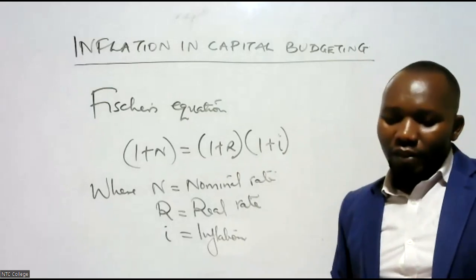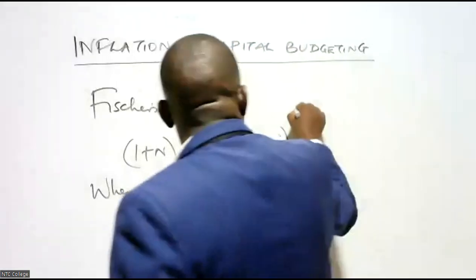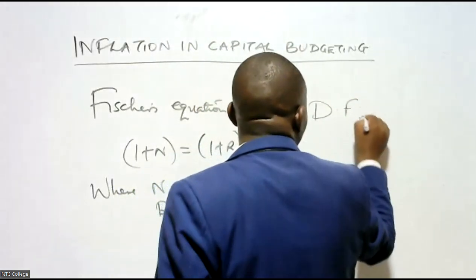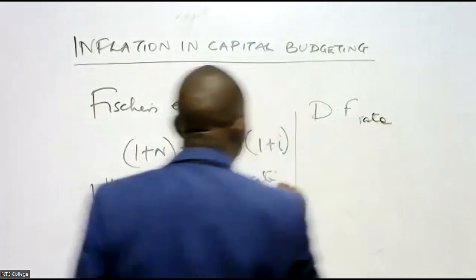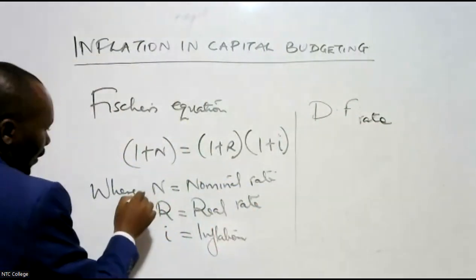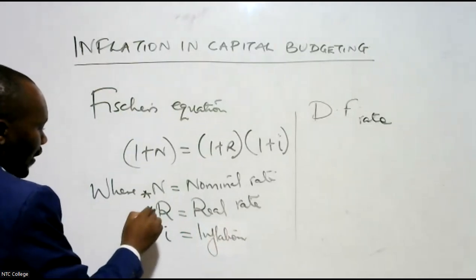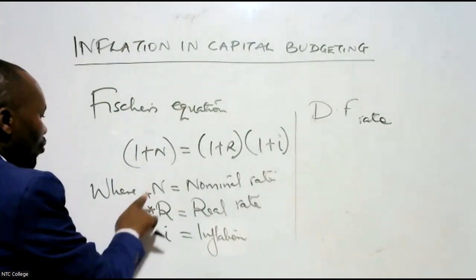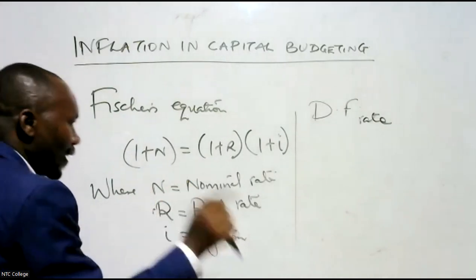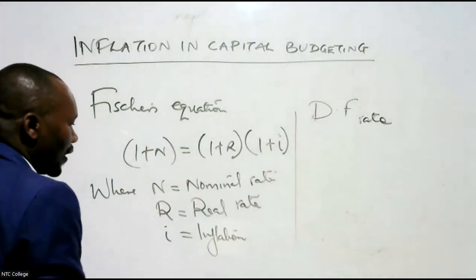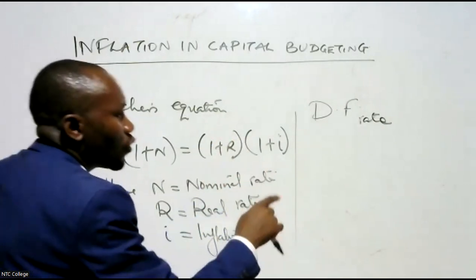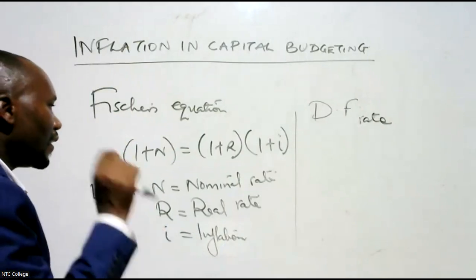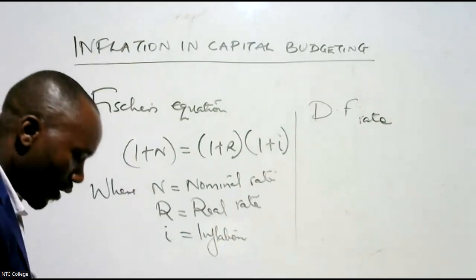For that discounting rate, you can either use the nominal rate or the real rate. But the determinant is, if you are told that the cash flows are real, then the discounting rate should also be real. If the cash flows are nominal, then the discounting rate should also be nominal.